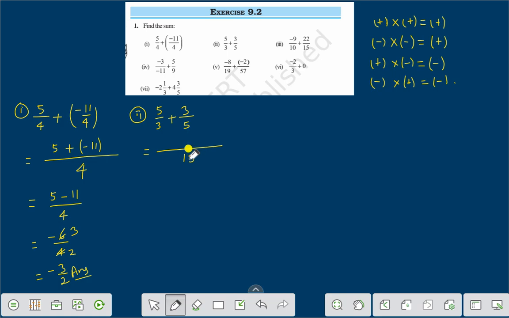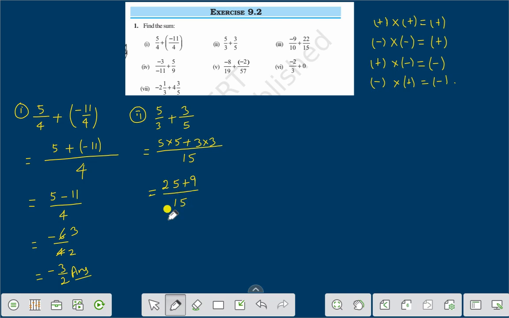If we divide 15 by 3, you get 5, that is 5 into 5 plus, if we divide 15 by 5, that is 3, then you are getting 3 into 3. Therefore you are getting 5 5s are 25 plus 3 3s are 9 by 15.